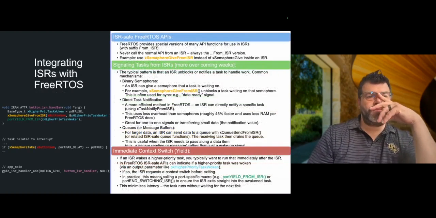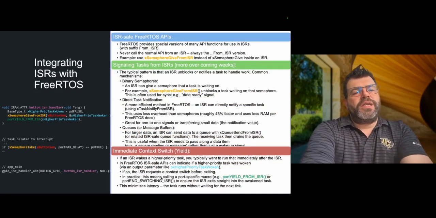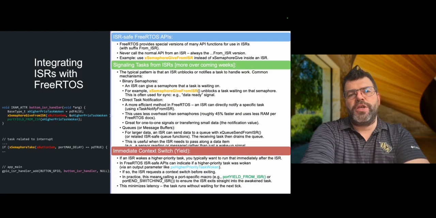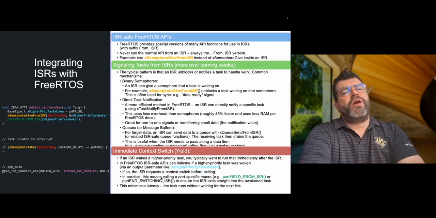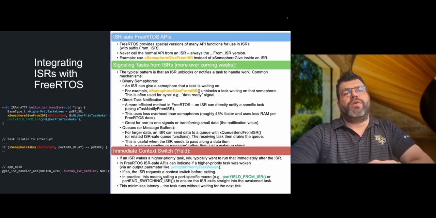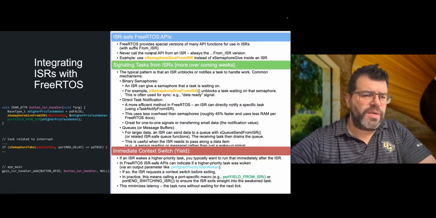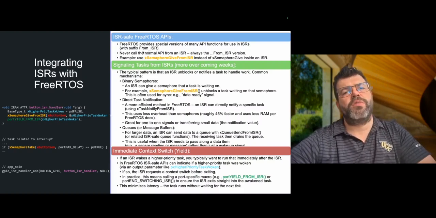All right, so here's our example from FreeRTOS. It is related almost directly to application 3 here. So, ISR-safe FreeRTOS APIs. The suffix here is FromISR. There are some, I think, that might have the underscore and some that don't, but basically what you're looking for is FromISR.